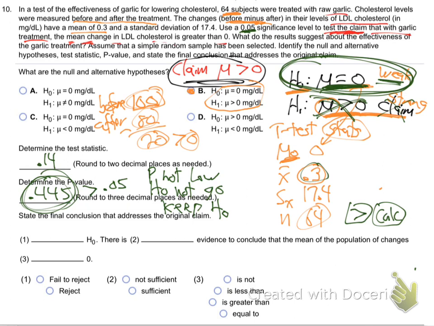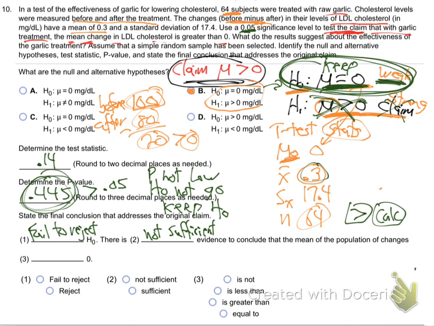So what do we say here then? Fail to reject, right? We keep the null. We keep it. We fail to reject it. There's not sufficient evidence, right?